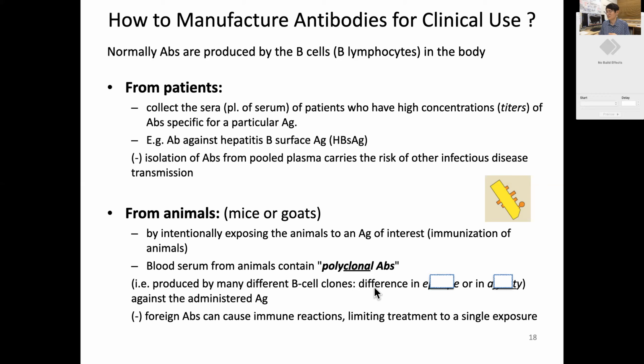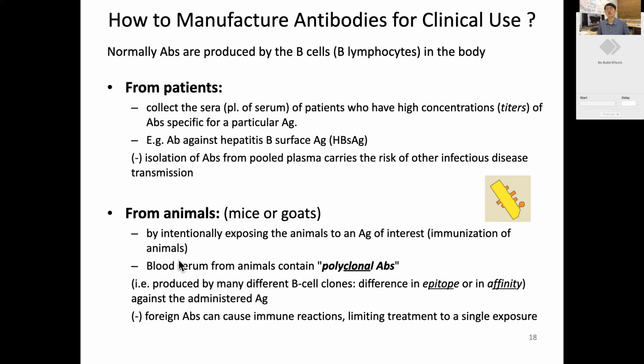So the polyclonal antibody will have differences in epitope, and each of these will have different affinity against the administered antigen.